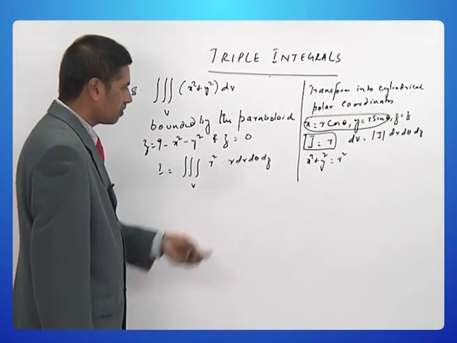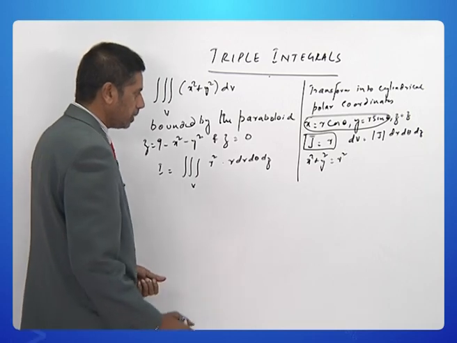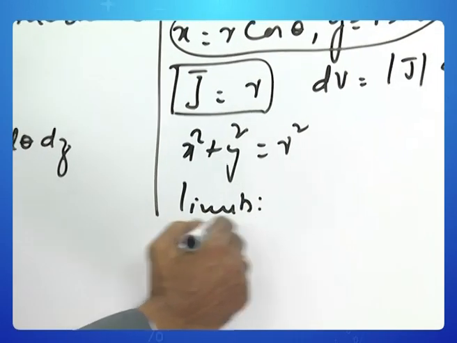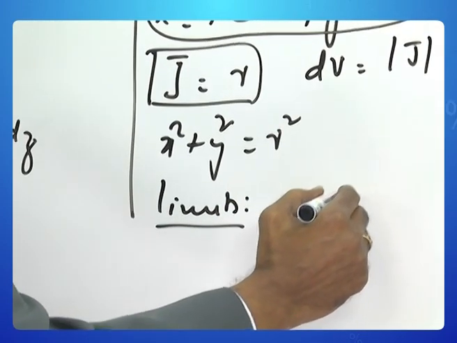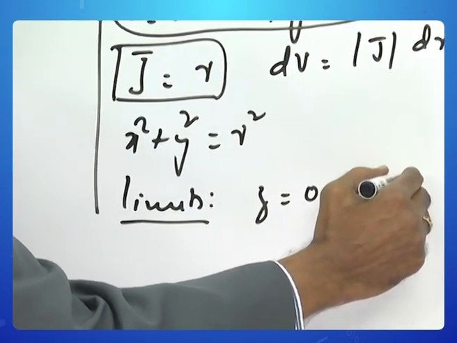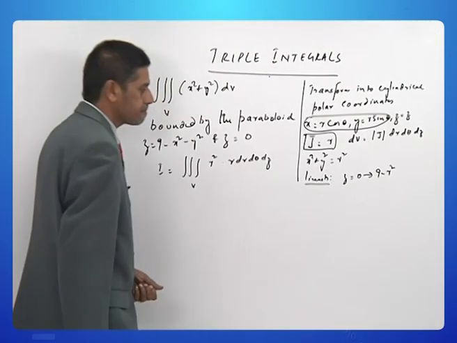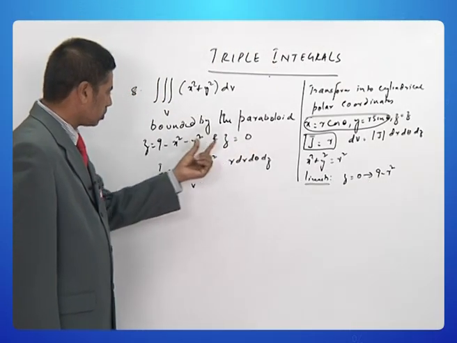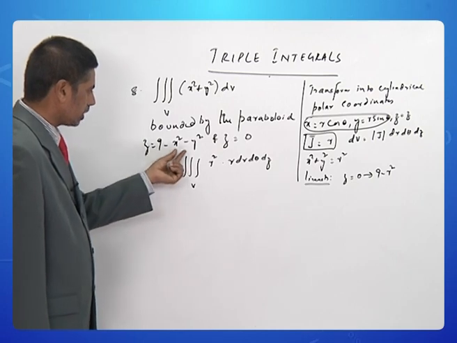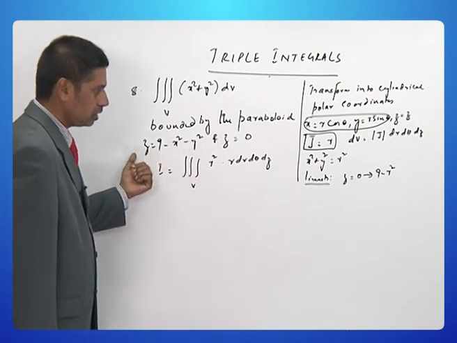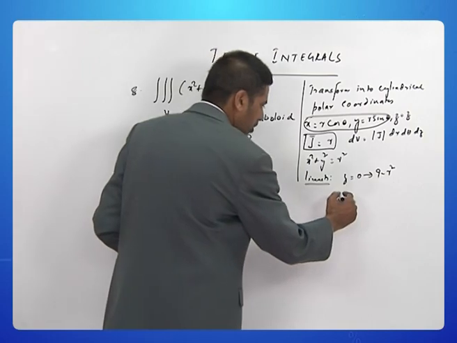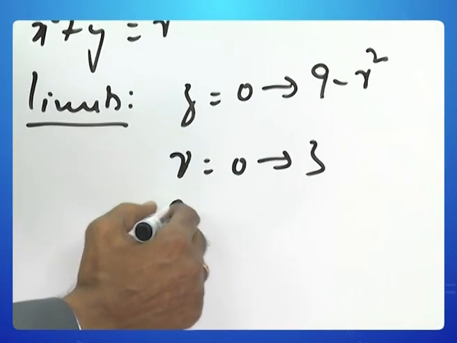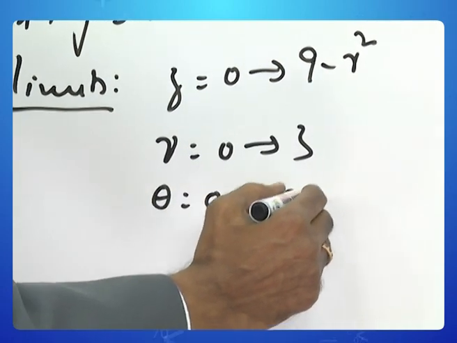Well, we need limits of integration. You can easily see z varies from 0 to 9 minus r square, and once you put z is equal to 0 into this equation, you will get x square plus y square is equal to 9. Therefore, r varies from 0 to 3 and theta varies from 0 to 2 pi.